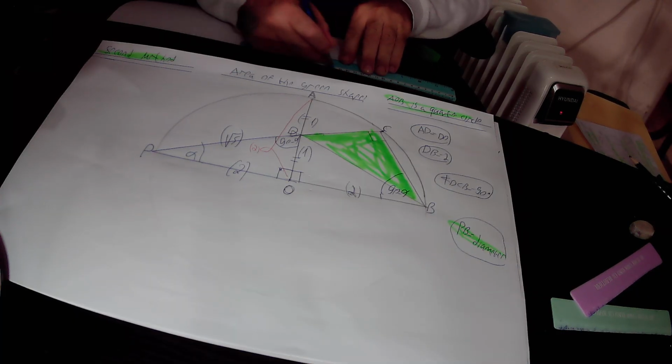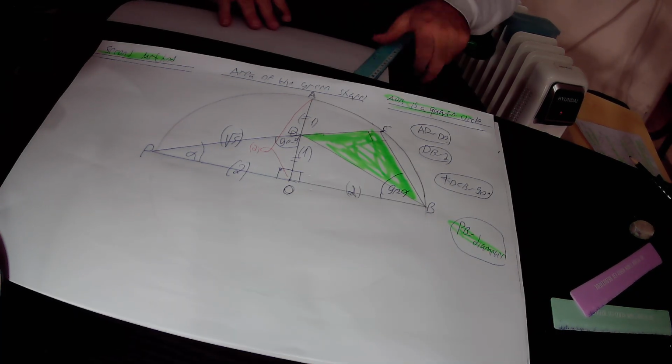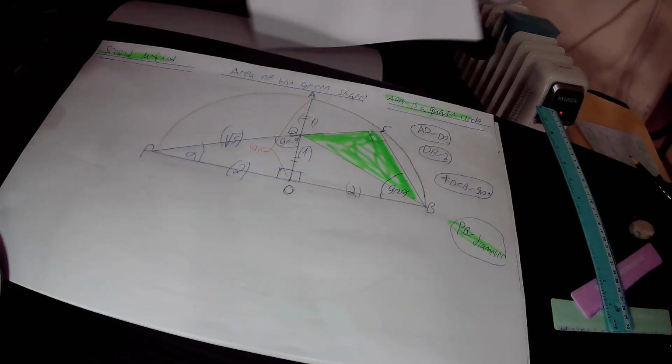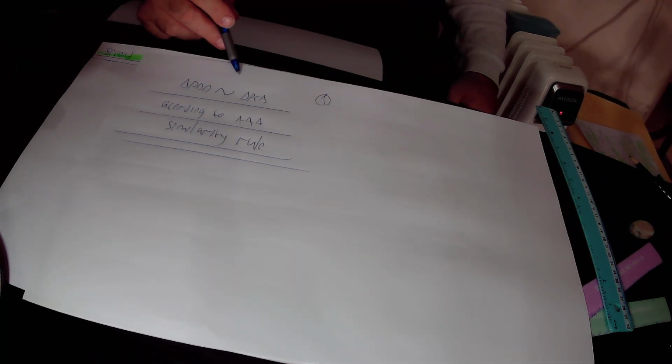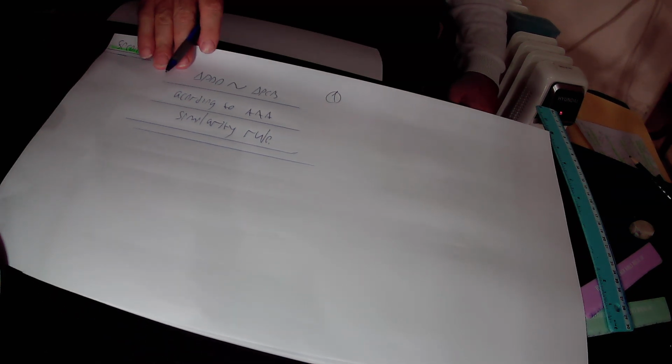Repeat again, the small right triangle POD is similar to the big right triangle PCB according to the angle similarity rule.